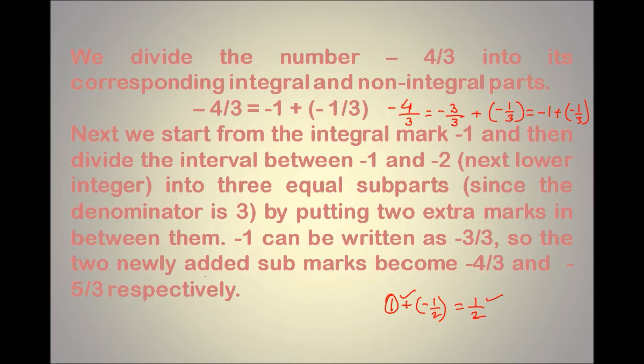Case 2 deals with rational numbers which have their numerators bigger than the denominators. Like in this case, 4 is more than 3. So we have taken 2 cases for case 2 as well. One is a positive number and the second is a negative number.